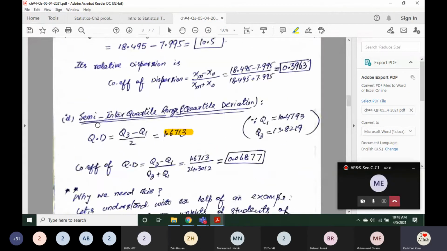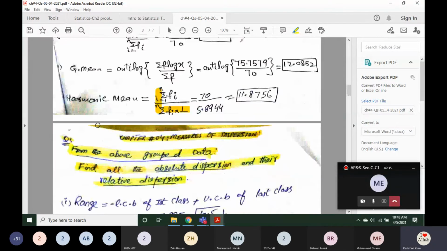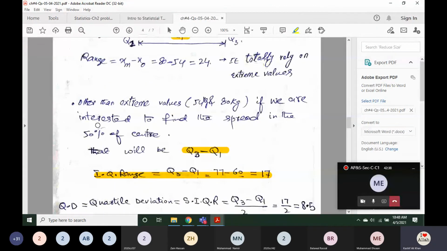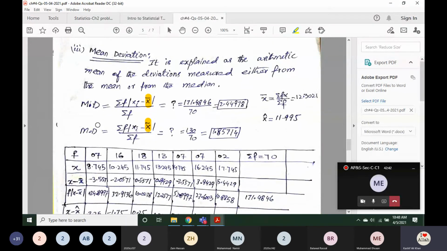Since I am working on grouped frequency distribution, that's why I have written the formulas of mean deviation for grouped data. Suppose that if you have ungrouped data, then there should be no frequency here.